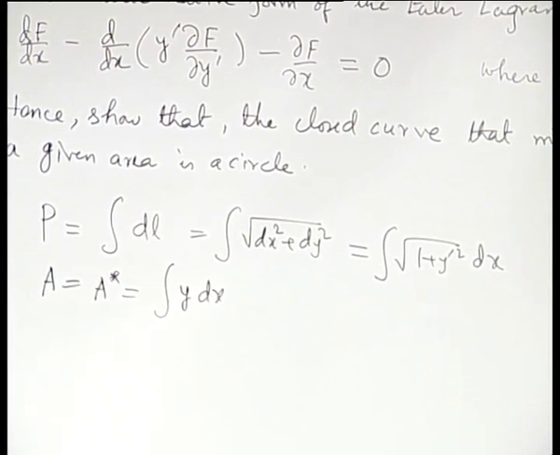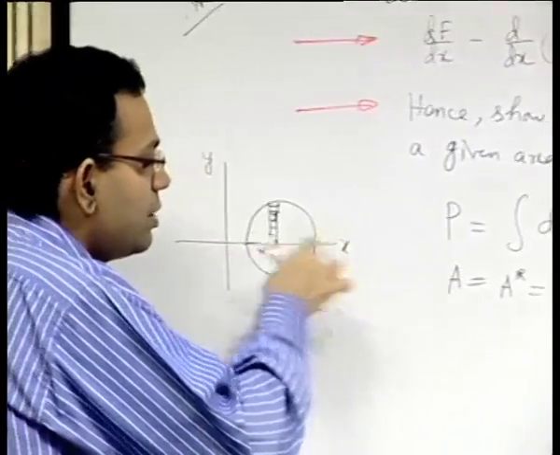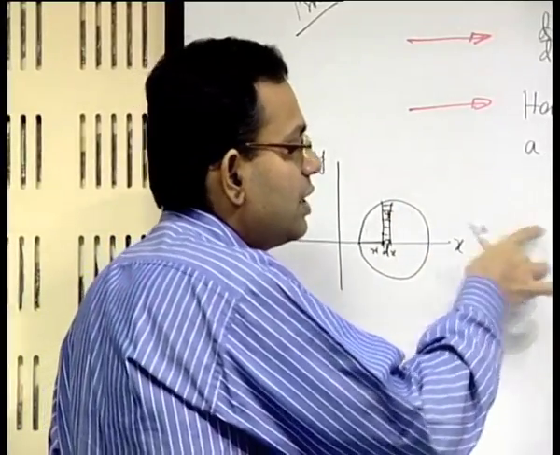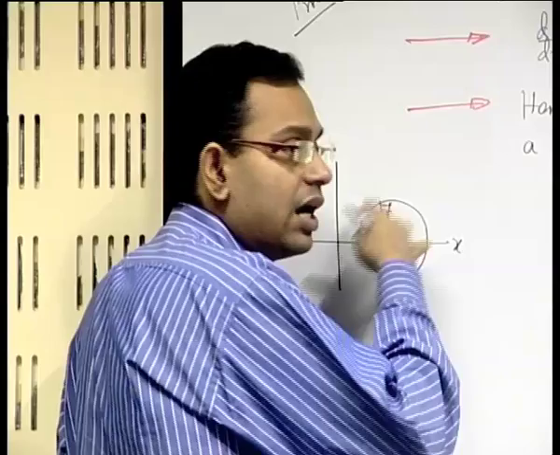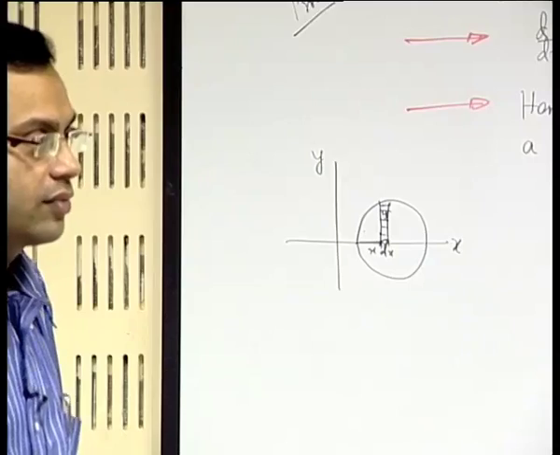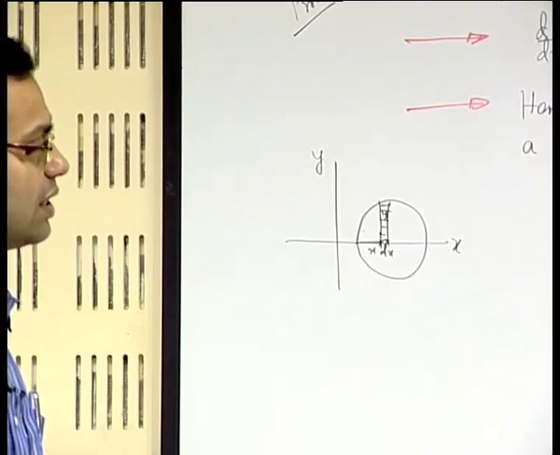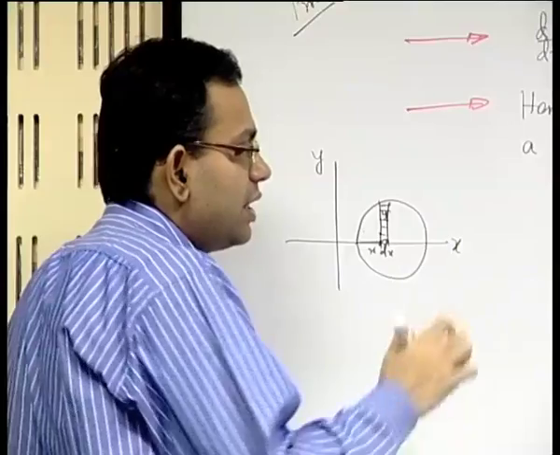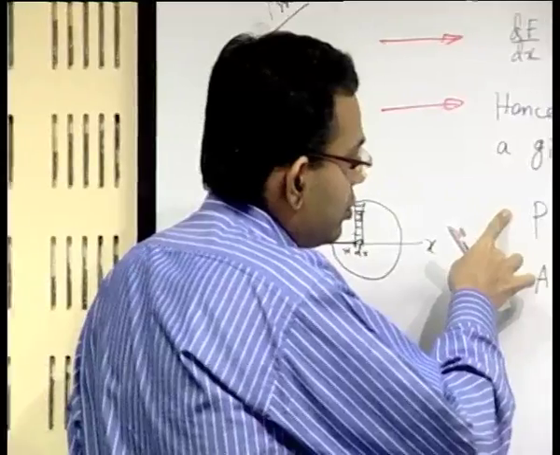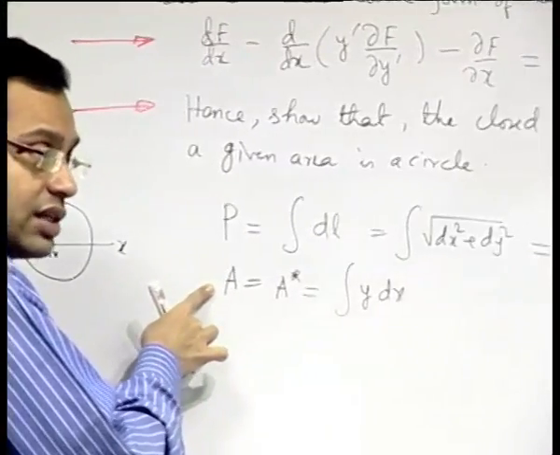So, we can deal with half of the curve if it is symmetric with respect to x axis, the length of half of the curve, that is the perimeter, and the area of the half included with the x axis. So, with that understanding, our objective is to minimize p so that a is a constant.